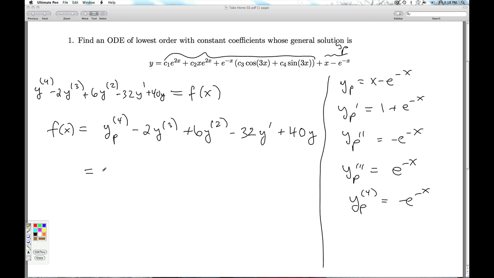So I'm going to get minus e to the minus x minus 2 times e to the minus x plus 6 times this minus 32 times this plus 40 times that.